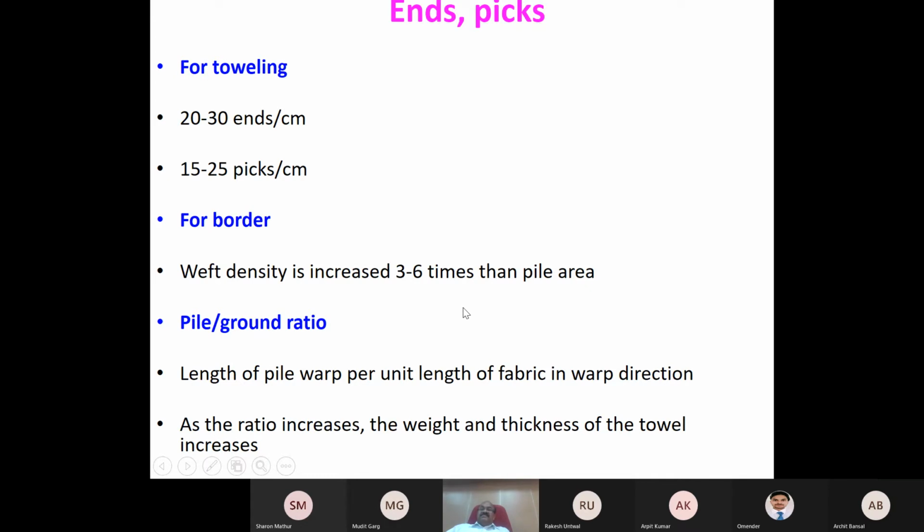Remember, for the border the weft density is very, very high, because border means free from loops, free from pile. So high density weft. And what is the ratio of pile to ground warp?